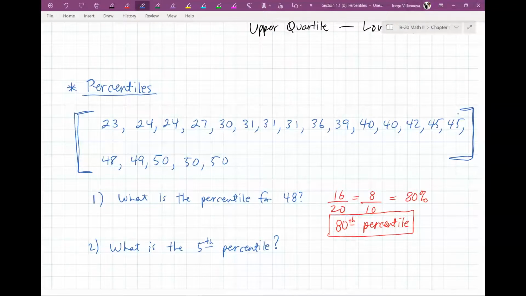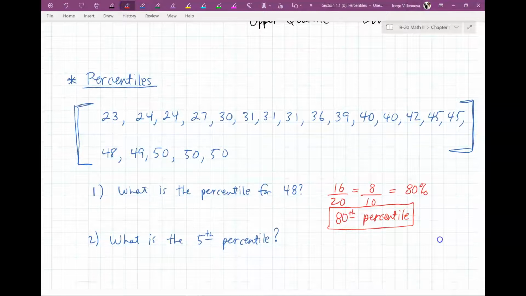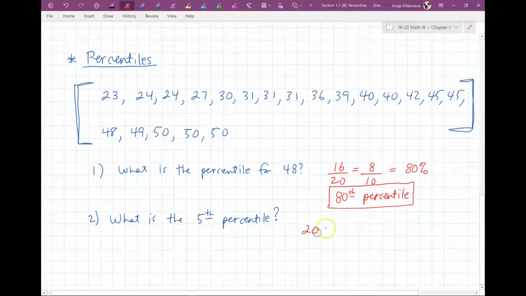I want to take the number 20, which is the number of data points, and multiply it by 5%. But you can't multiply by a percentage, right? So you're going to get 20 times 0.05.